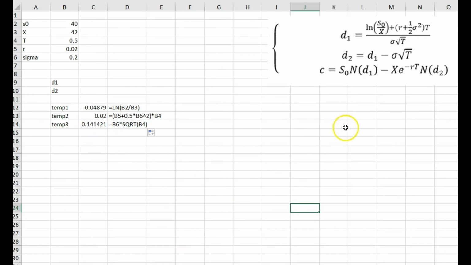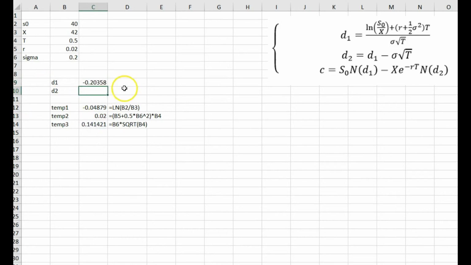Temp 2 equals risk-free rate B5 plus half of B6, the standard deviation, squared, times B4, where B4 is T. D1 will be temp 1 plus temp 2, close, divided by temp 3.